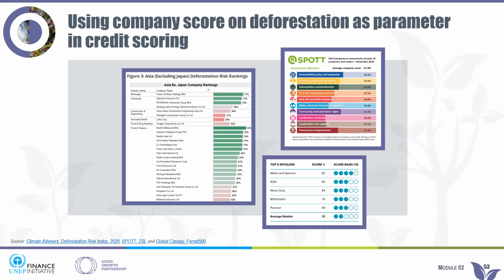So very similarly to what Forest 500, Global Forest Watch Pro, and Trace are doing, this is another tool that will help you collect information about the deforestation profile of companies in an attempt to rank them, compare them, and prioritize them.